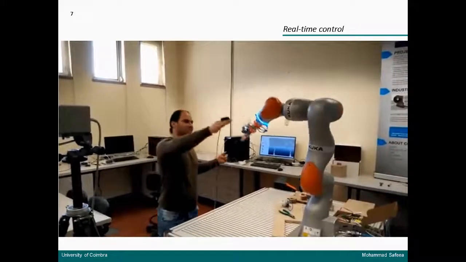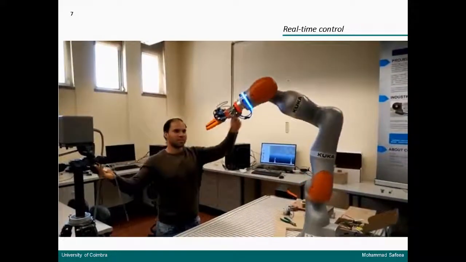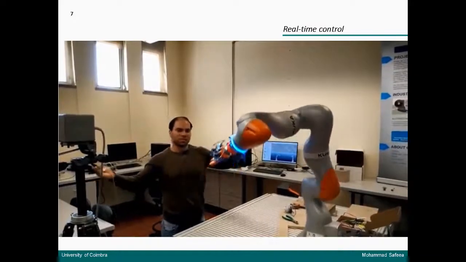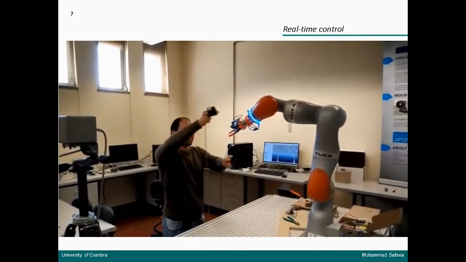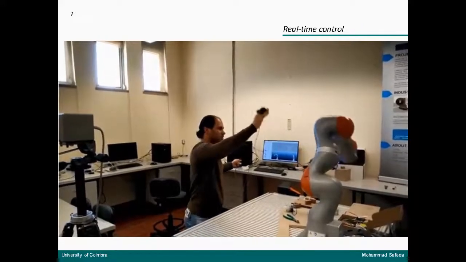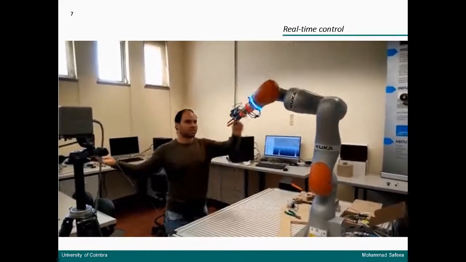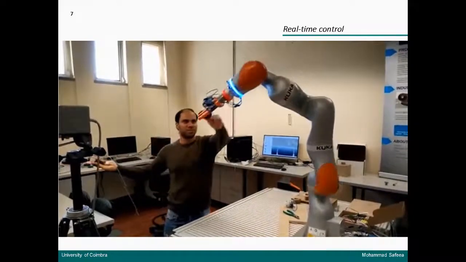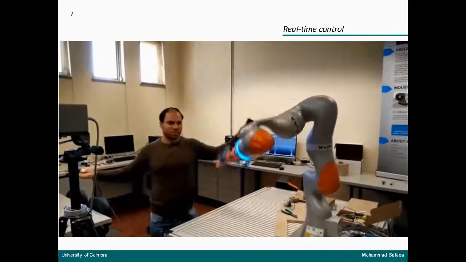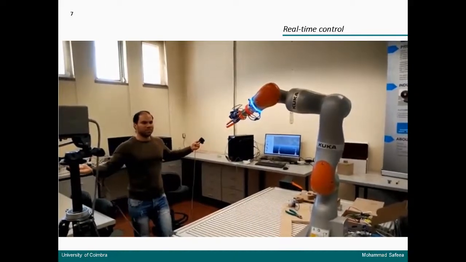In the real-time motion control, the user is able to control the velocity and the direction of the motion in each instant. This is important when the trajectory of the motion is dynamic and changing. For example, in the collision avoidance system, where the trajectory is changing according to the minimum distance between the human and the robot.